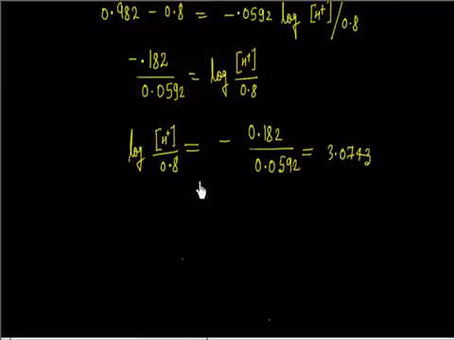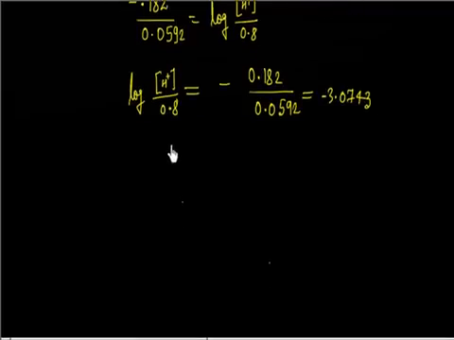So this is the value of log of H plus over 0.8 with a minus sign. If I take the antilog, H plus divided by 0.8 is 10 to the power minus 3.0743. Are you getting it?